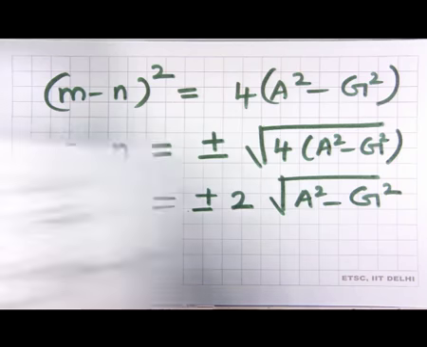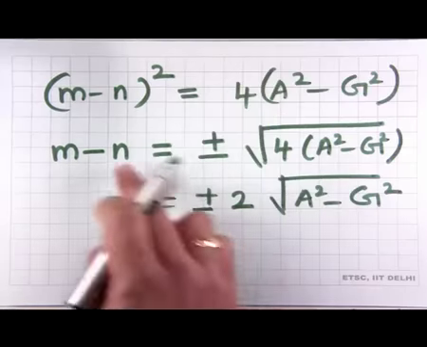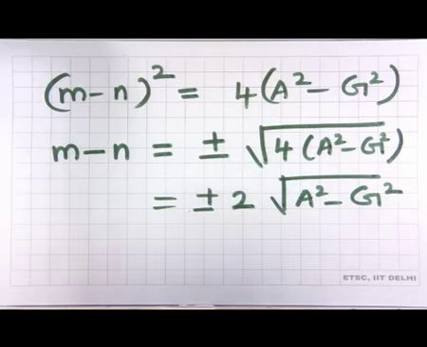Now we have m plus n and m minus n, from which we can isolate m and n.